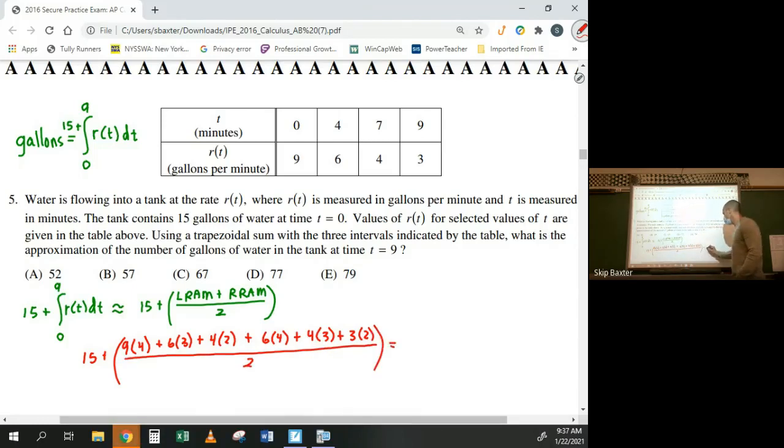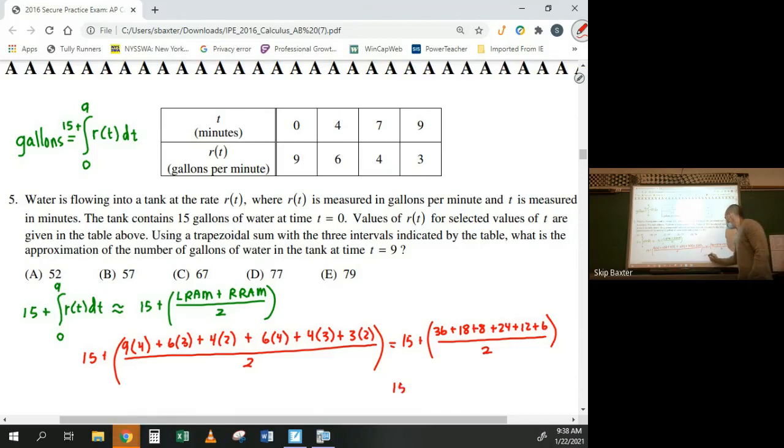And then you have to do this out without using a calculator, which is sort of a pain in the neck. 15 plus, this is 36, plus 18, plus 8, plus 24, plus 12, plus 6, all divided by 2. I think it seems easier to just cut each of these numbers in half and then do the sum. That seems easier to me.